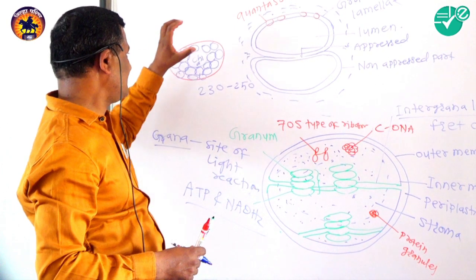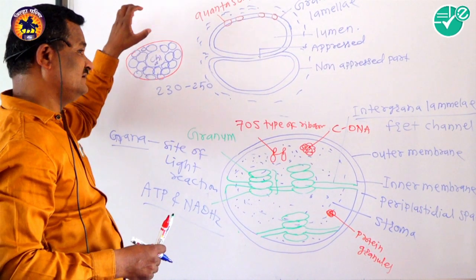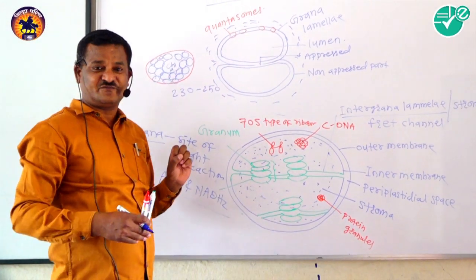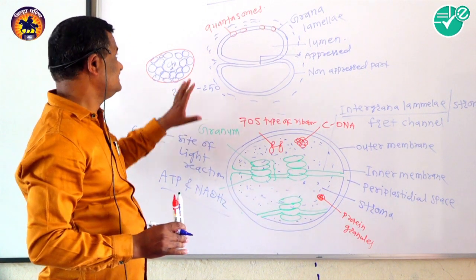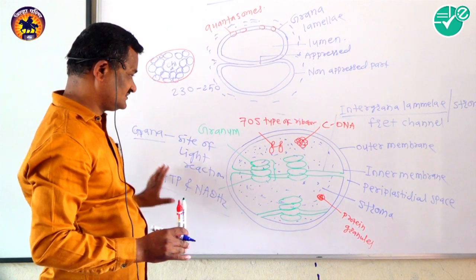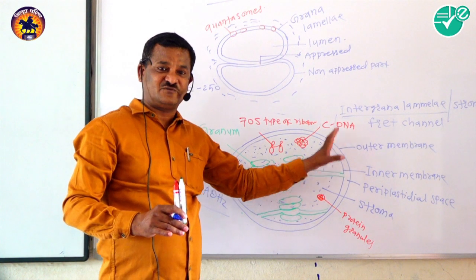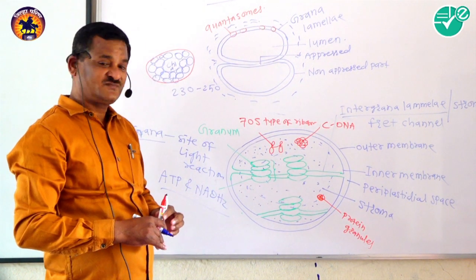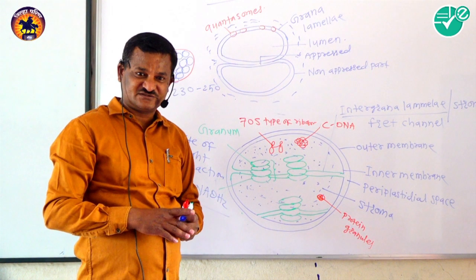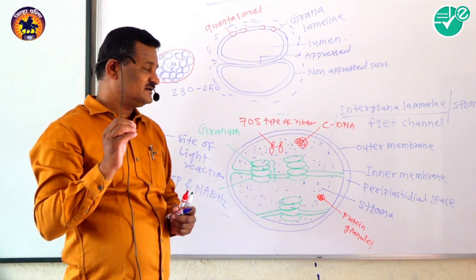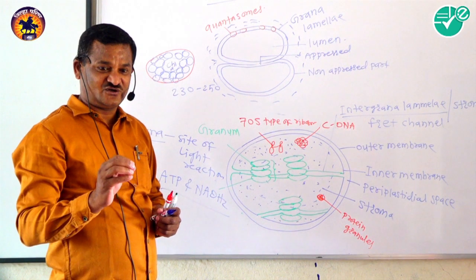That photosystem traps and absorbs different wavelengths of light and converts it into chemical energy. That is the general structure of the chloroplast. Chloroplasts are the green plastids containing green pigments called chlorophyll.